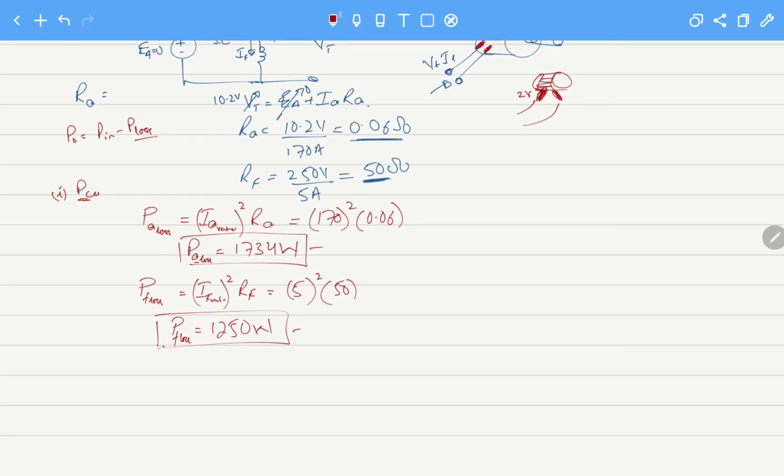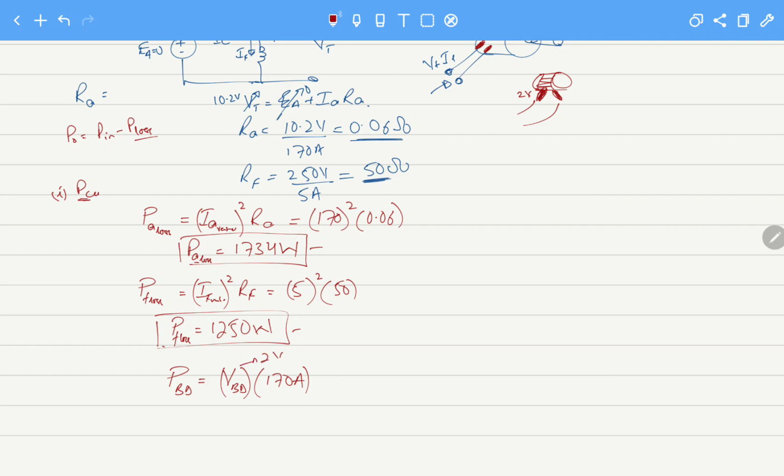So we can calculate the brush drop as the voltage drop times the rated current that is flowing through the brushes and going to the armature, and this voltage drop is 2 volts.